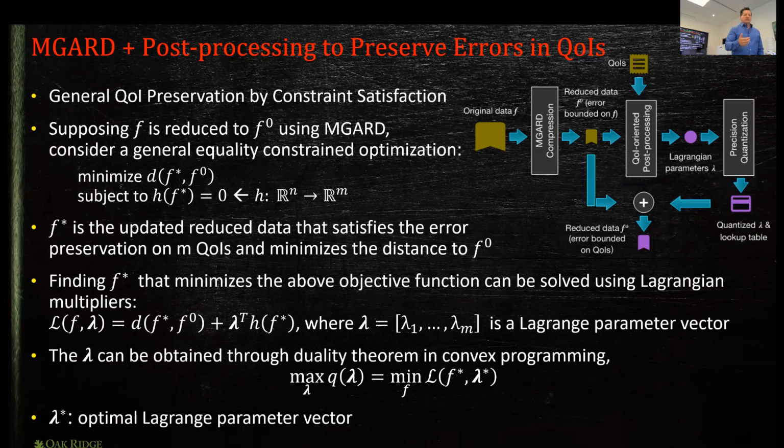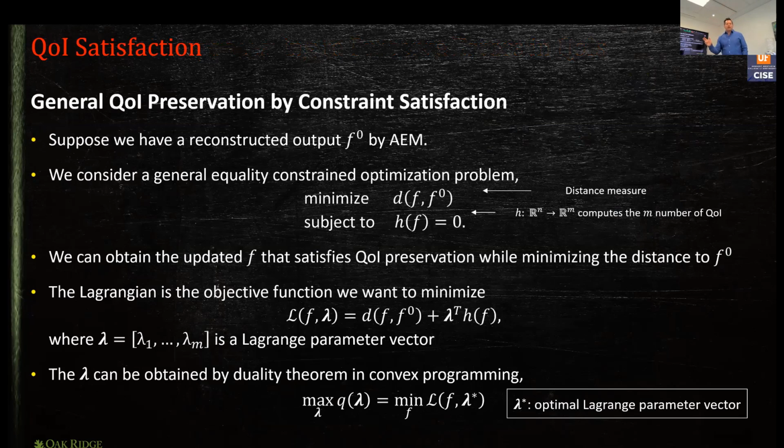And then what they showed was that lambda could be obtained through the duality theorem in convex programming. What that says is, after we reduce the primary data, we can pose this optimization problem, and then compute these lambdas, and think of it like one lambda per QoI.